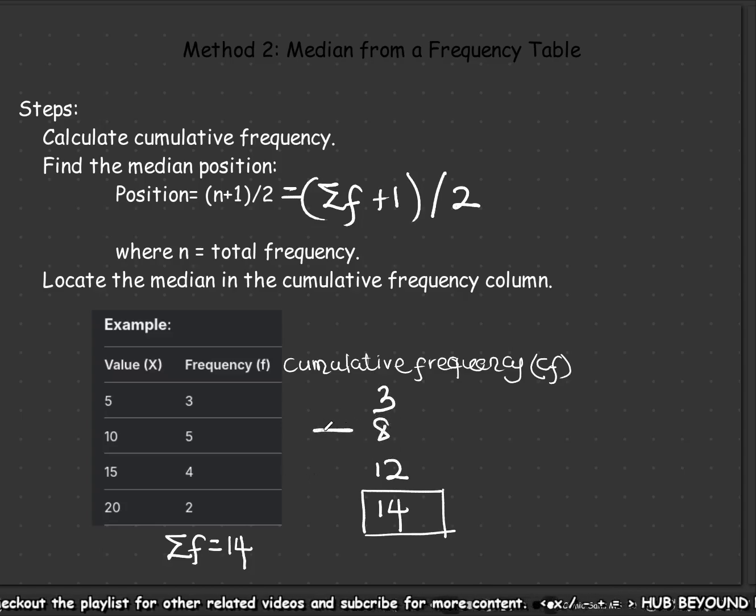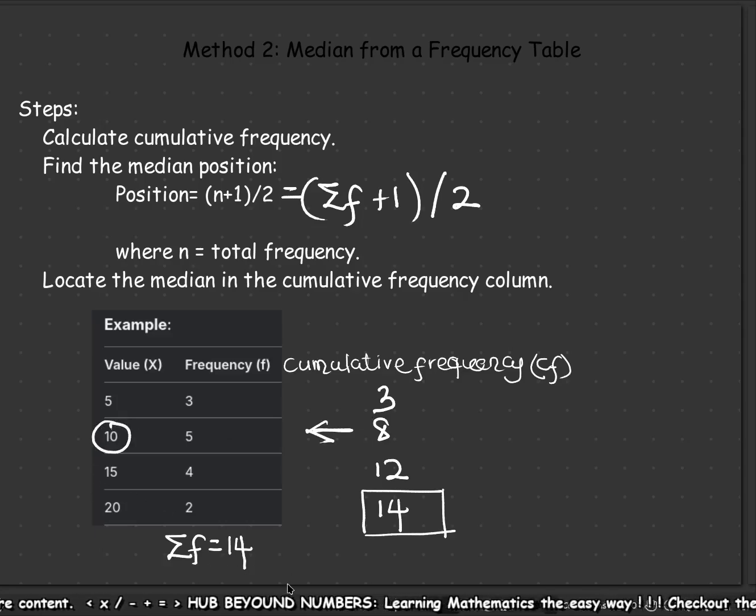So it means the 7th is in here and the 8th is also in here. Now, what value corresponds to this 7th and then 8th cumulating frequency? That is 10. You see, that is 10. So 10 is the 7th frequency or the 7th occurrence, and then it is also the 8th occurrence as well.